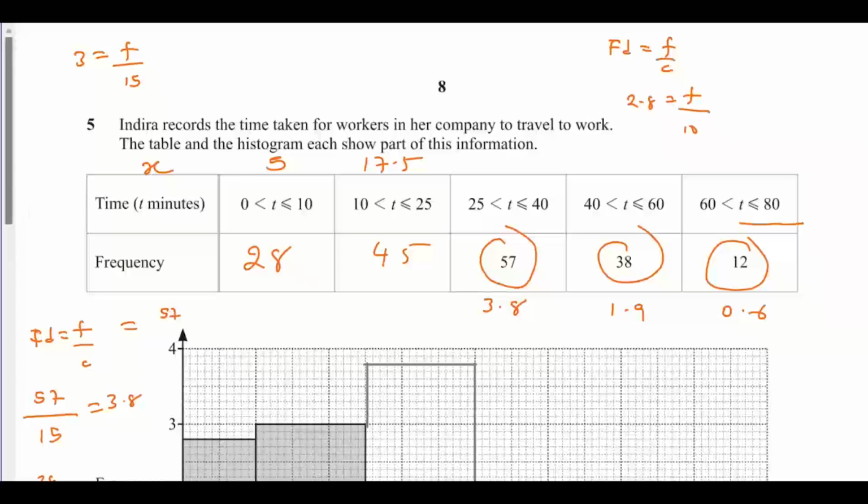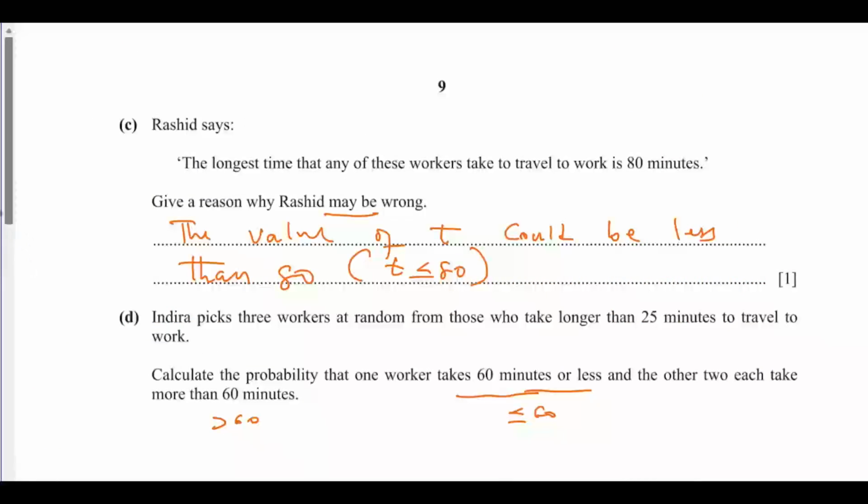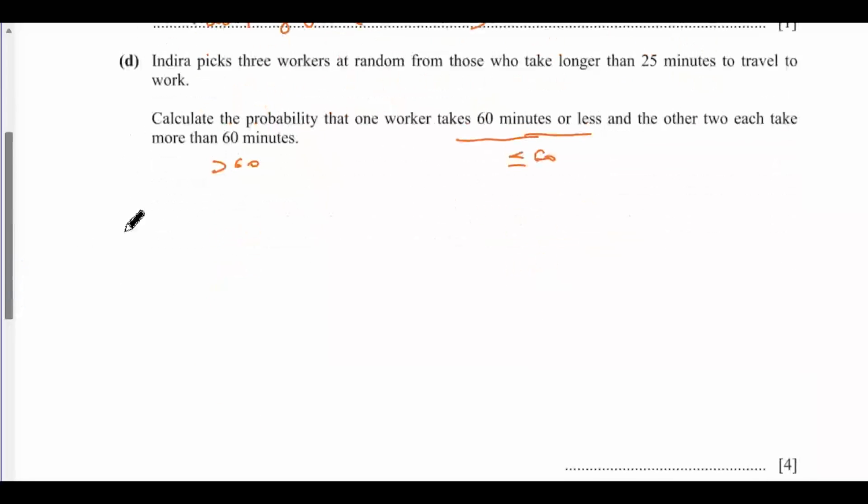Then we can get the total, which will be 57 add 38 add 12, and this will be equals to 107. So we can now go to this condition now.